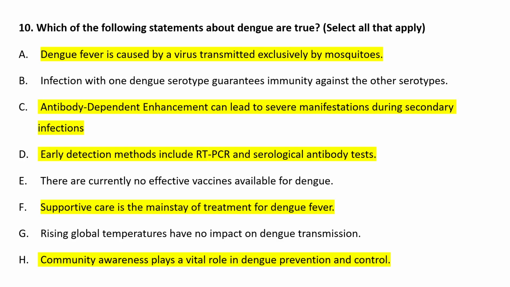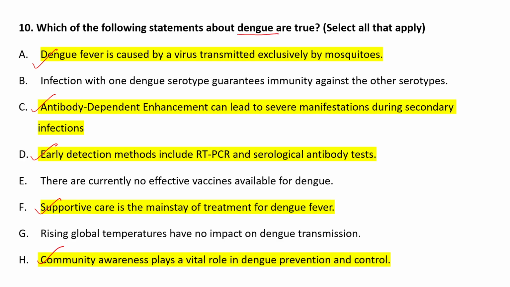Early detection methods, including RT-PCR and serological antibody tests, can be done. Supportive care is the mainstay of treatment for dengue because there is no specific drug for the virus, but the other symptoms can be managed with drugs.